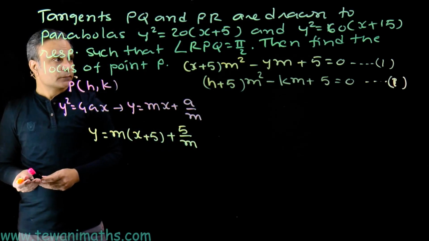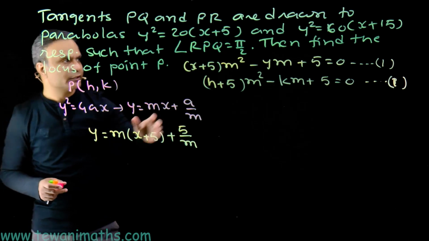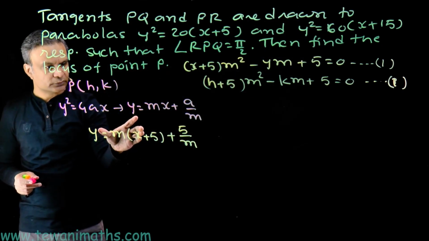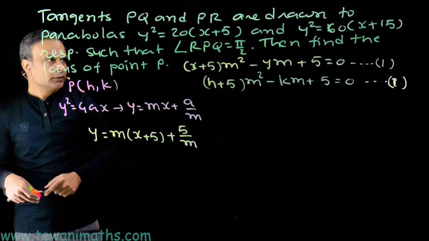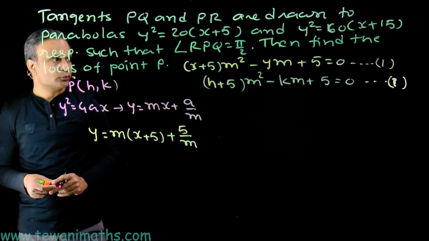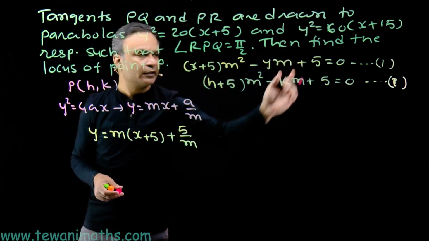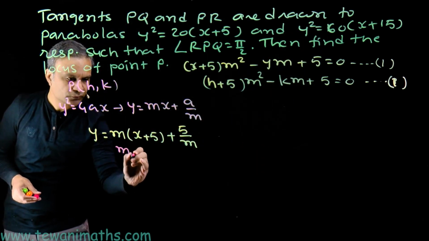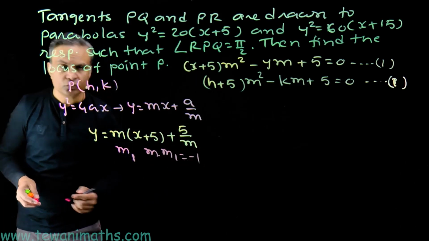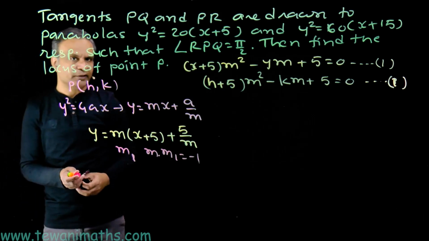Now from point P, the tangent to this parabola is perpendicular to this tangent. The slope of this line is m. Suppose the slope of the tangent to this parabola is m1, where m into m1 is equal to -1 because the tangents are perpendicular.